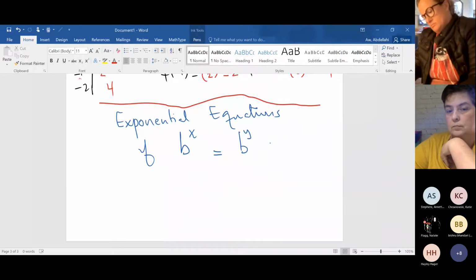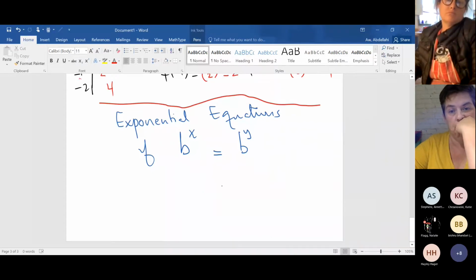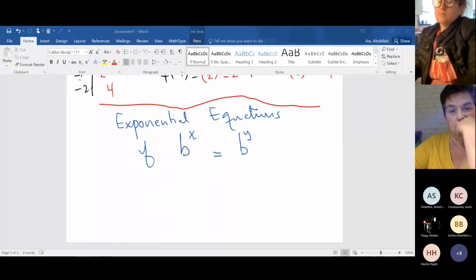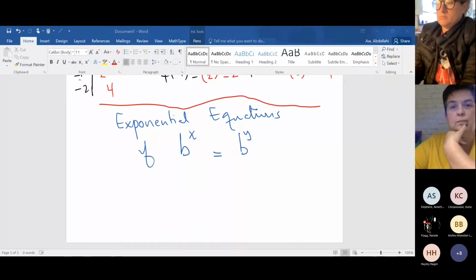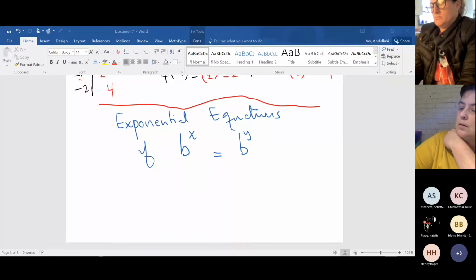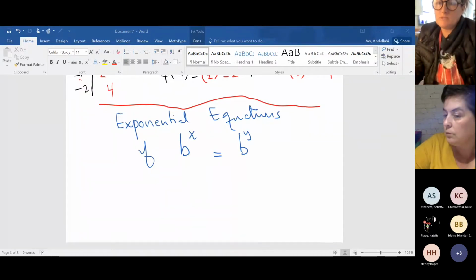Common sense. Isn't it the same b? It's the same base, right? If you raise the same number to two different exponents, can you have the same outcome?